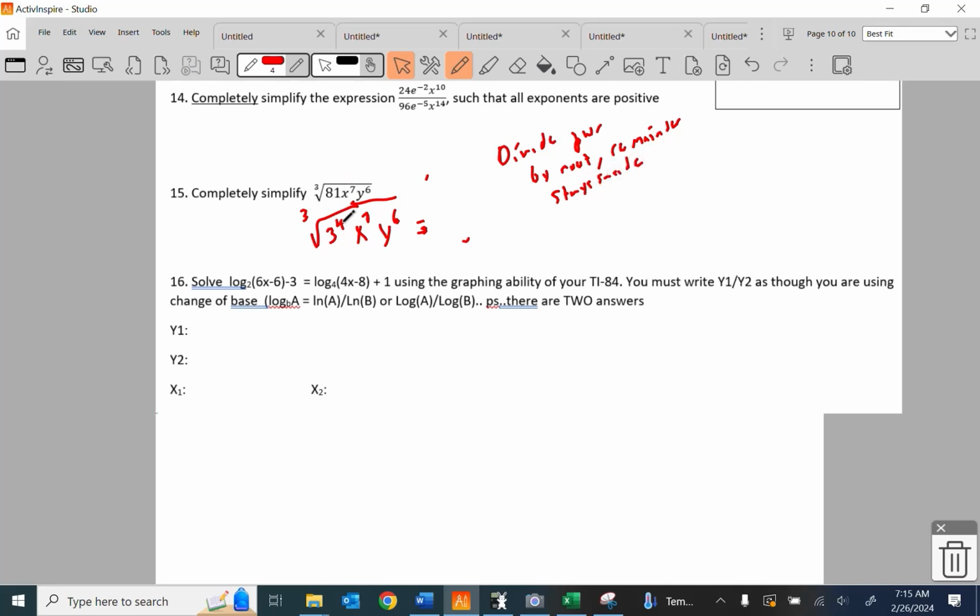Anyways, 3 enters 4 one time, but there's a remainder of 1, so 3 stays inside. 3 enters 7 twice, remainder of 1, x stays inside. 3 enters 6 twice, remainder of 0. They're both the same thing.